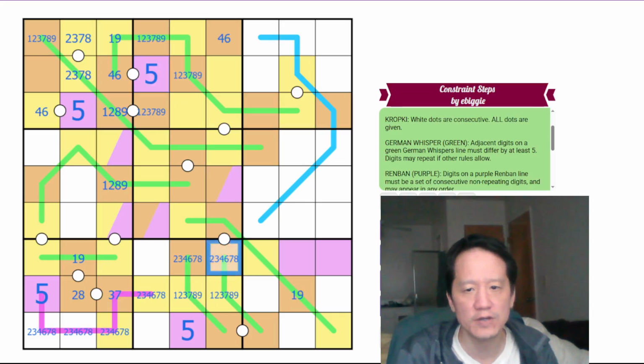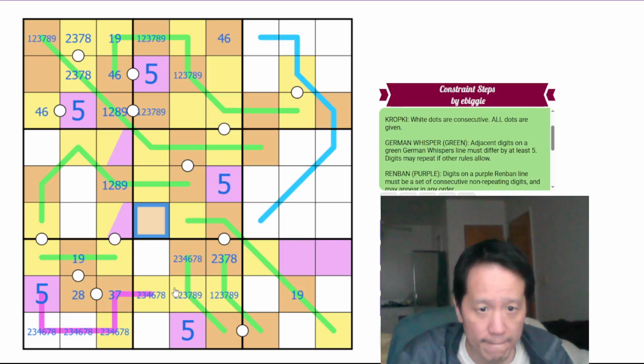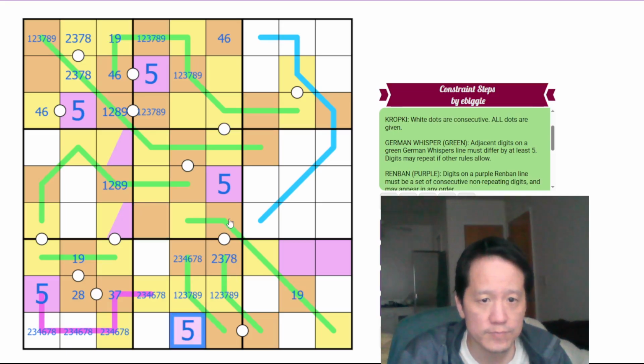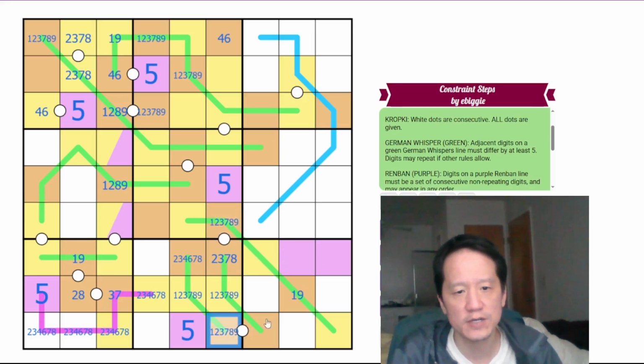This can't be 4 or 6. This can't be pink. So this is orange, which means this can't be orange. This is the pink, so this is 5. This has to be 1, 2, 3, 7, 8, 9. This is 1, 2, 3, 7, 8, 9.